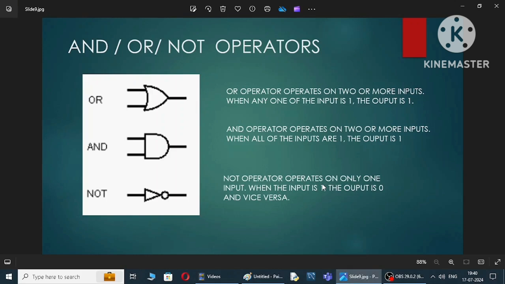So I told you these AND, OR, NOT circuits are used to construct electronic circuits in small devices, in all electronic devices we use AND, OR, NOT, right? So to make it real, the AND, OR, NOT operators, what did I tell you? AND is the multiplication operator, OR is the addition operator, NOT is the complement operator.